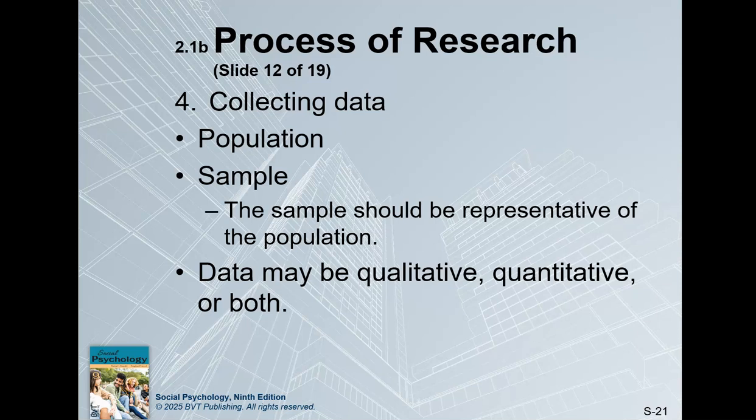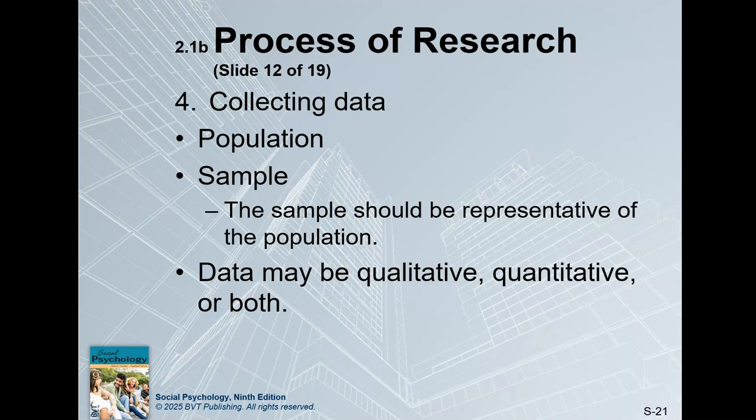Because psychologists cannot conduct research with every single college student in the entire country. That's why they need to gather a sample. And at the very bottom here, you see data may be qualitative, quantitative, or both.